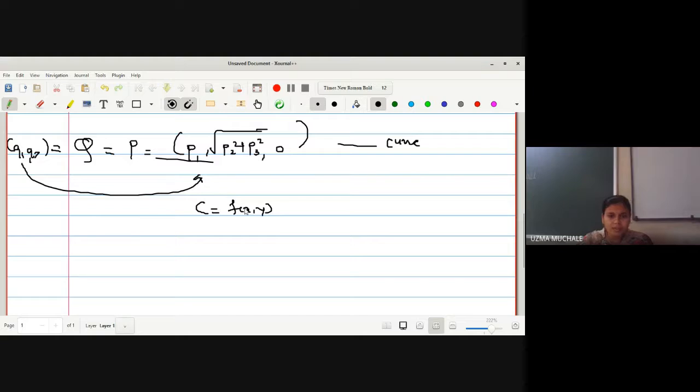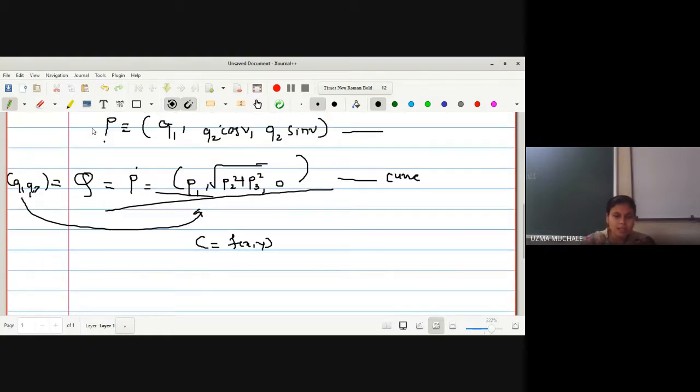If everyone understood this step: your point p is on the curve. Initially we considered point p as a point on the surface, because your point q has now moved to position p. This is a point p on the surface, right? If it is a point p on the surface, we have to find out what the possibility is on the curve.